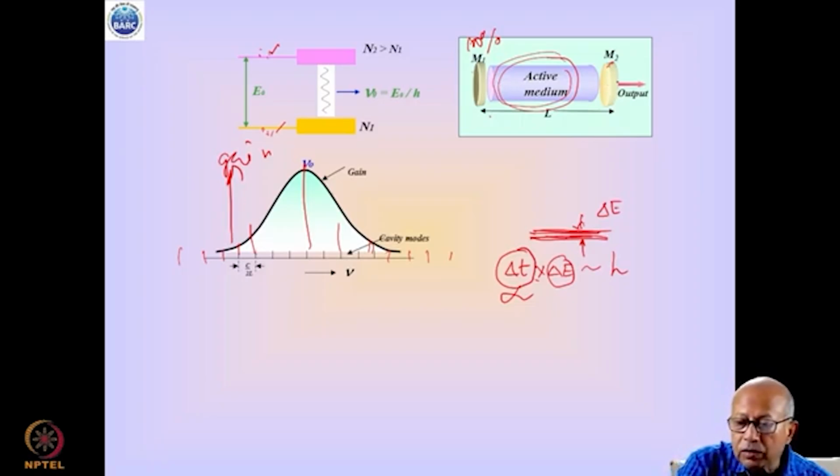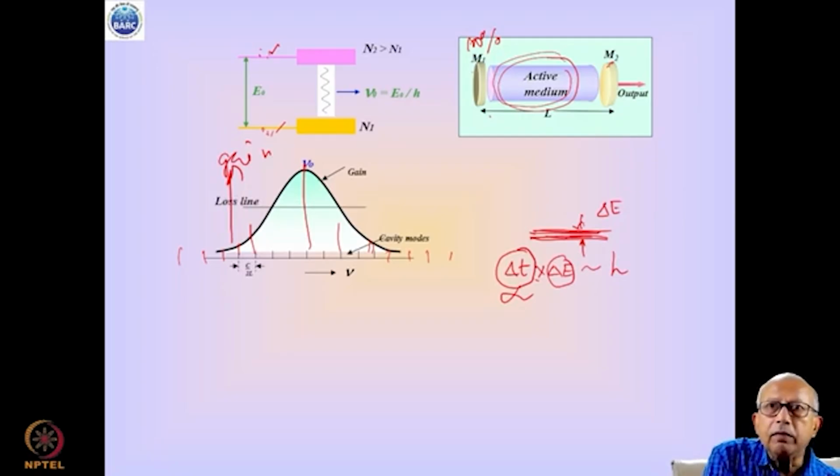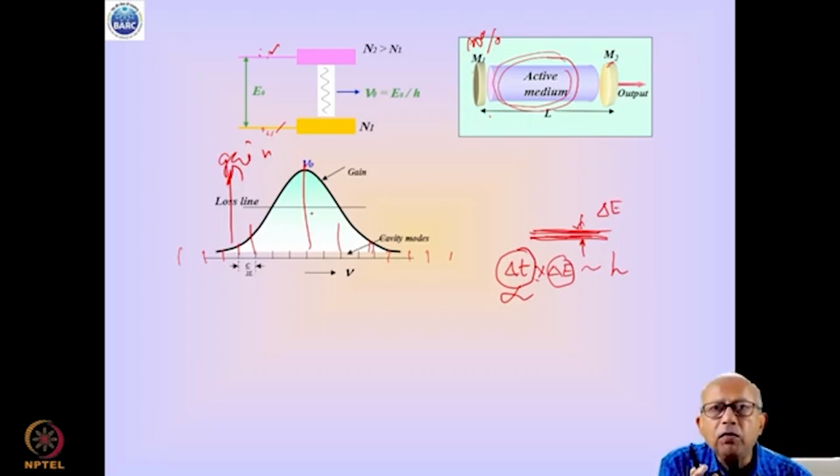Therefore, this loss can be represented as a straight line in this gain curve, as a loss line. This is parallel to the frequency axis because it doesn't depend on frequency.